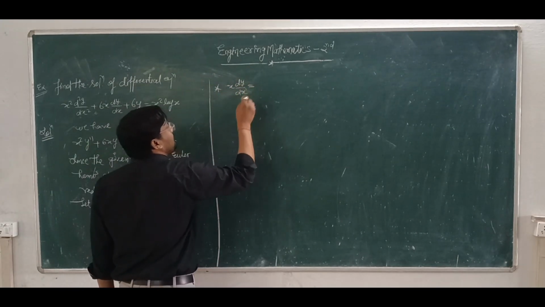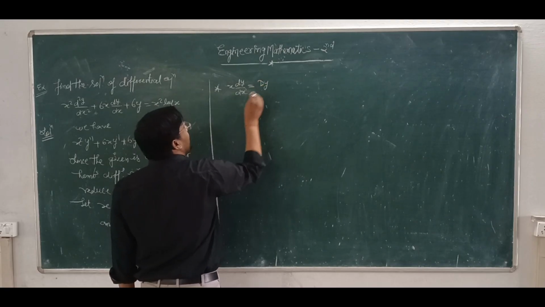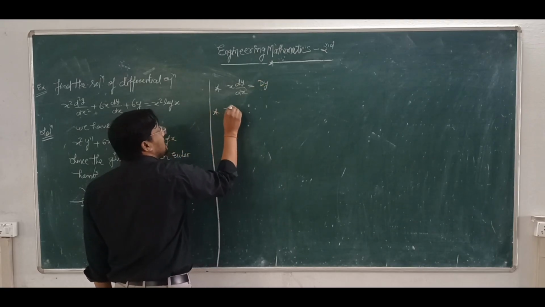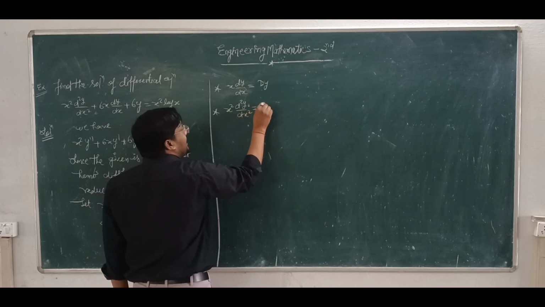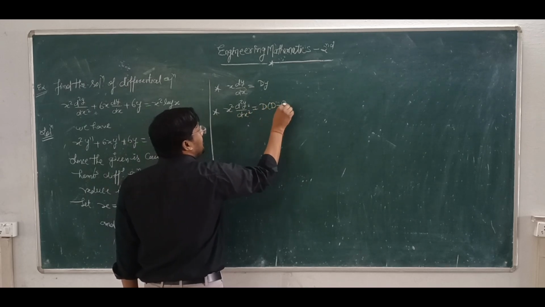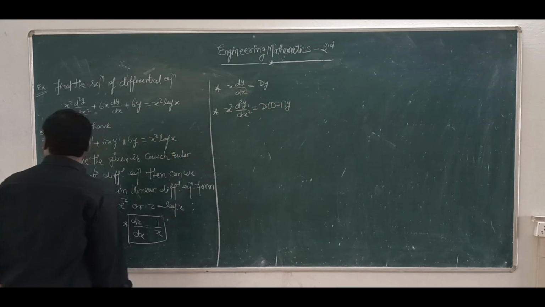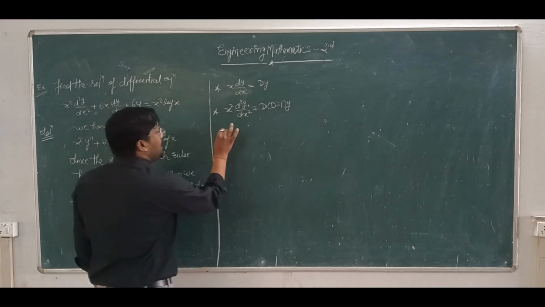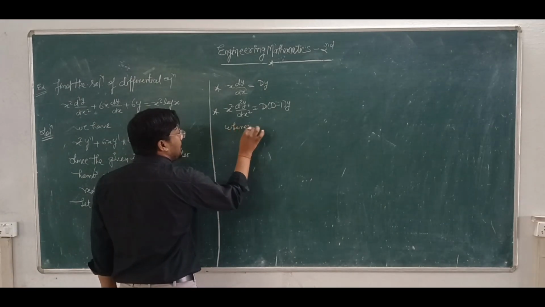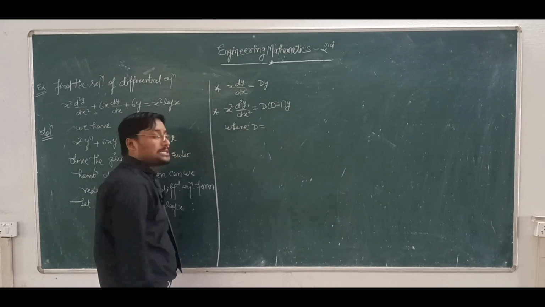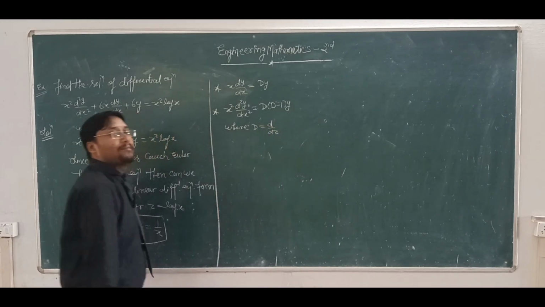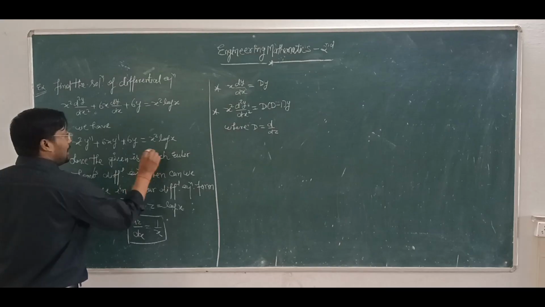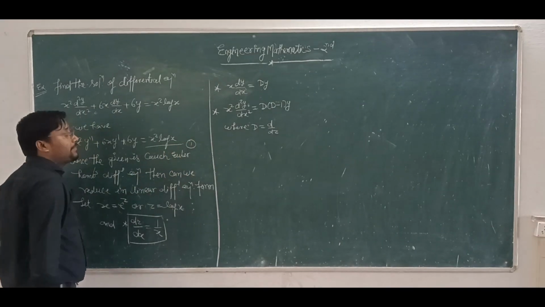You can write Dy, and second is x squared d2y of dx2. You can write D(D minus 1)y, where capital D is a differential coefficient, D of dz. This is equation number first.